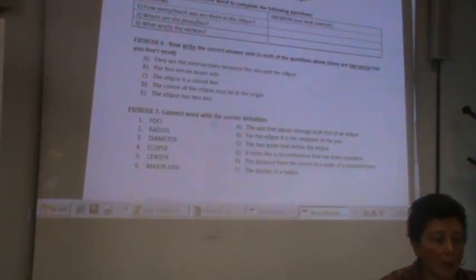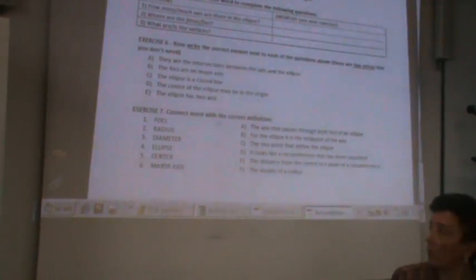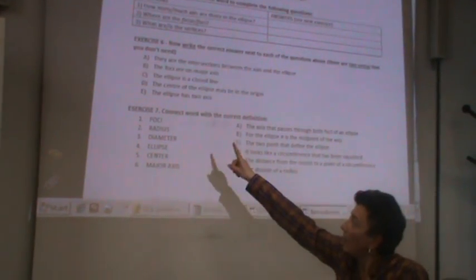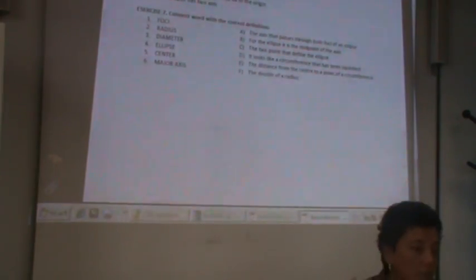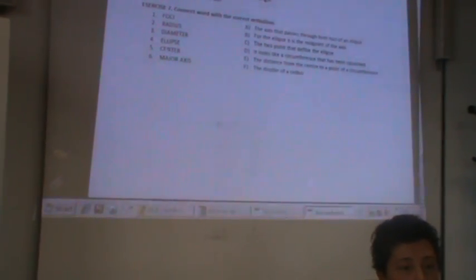After they have done this, I hope they are able to connect the words with the definition. This is handed out here.